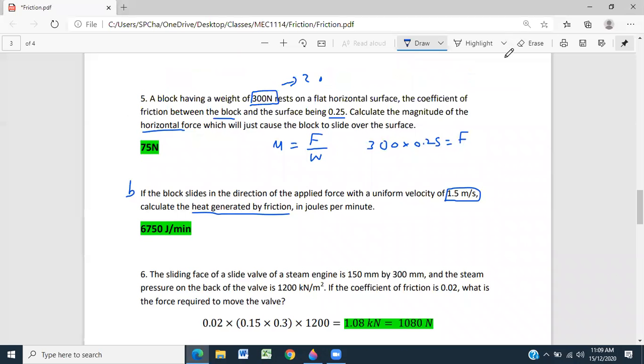I think in the book they have this horizontal force as P. So coefficient of friction is equal to P divided by W, where P, remember, these are just placeholders essentially. They're variables and we assign meaning to them. So P is the horizontal force required to overcome friction. I just say F.